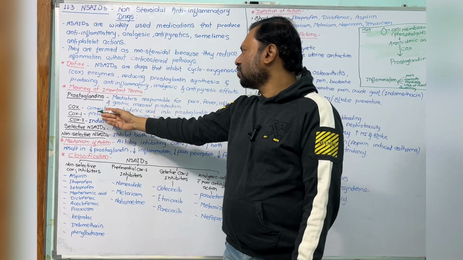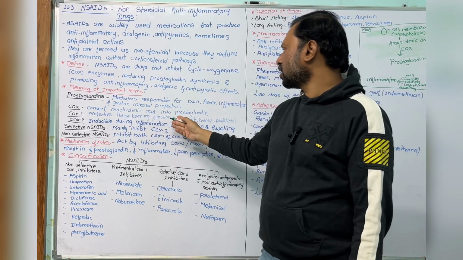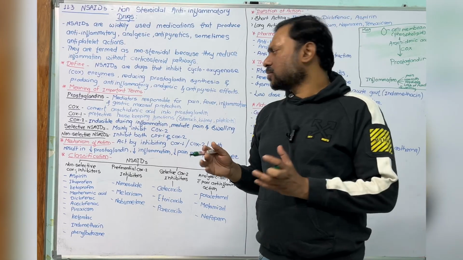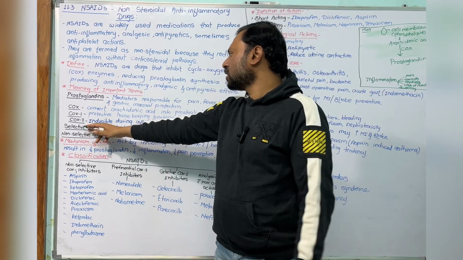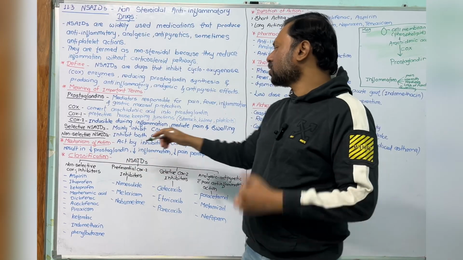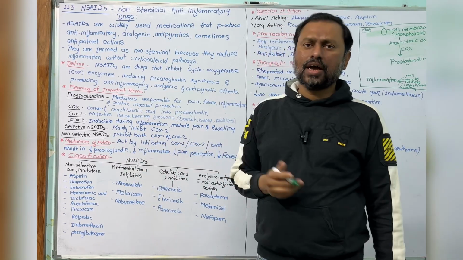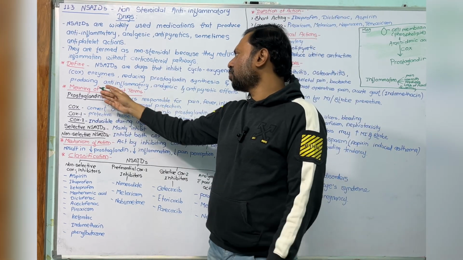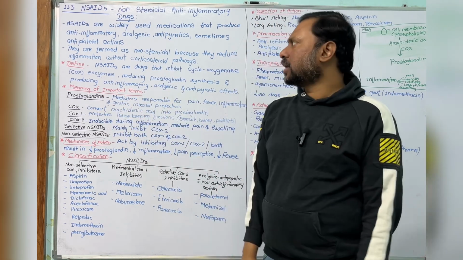We know COX-1 is housekeeping and protects the stomach, kidney and platelet. But the non-selective NSAIDs inhibit both COX-1 as well as COX-2. These are the important terms for NSAIDs.